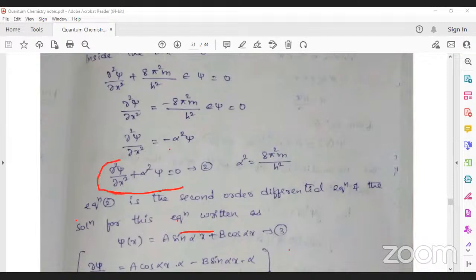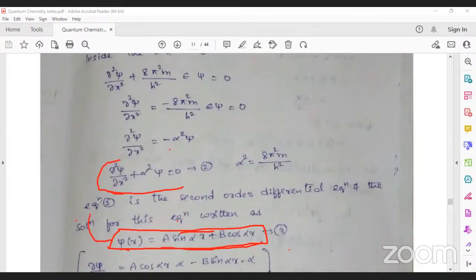The solution of this second order differential equation can be written as: ψ(x) is equal to A sin αx plus B cos αx. This is the solution for ψ(x).